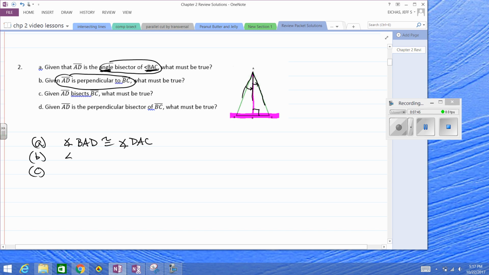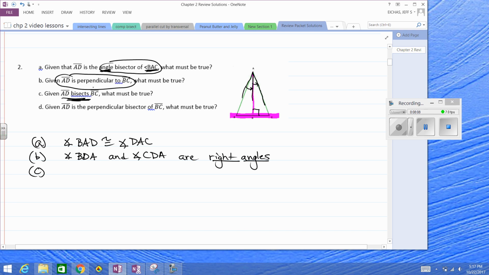This is a little tricky. Angle BDA and angle CDA are right angles. So perpendicular segments give us right angles. Sorry about that. Now we'll go back to C.